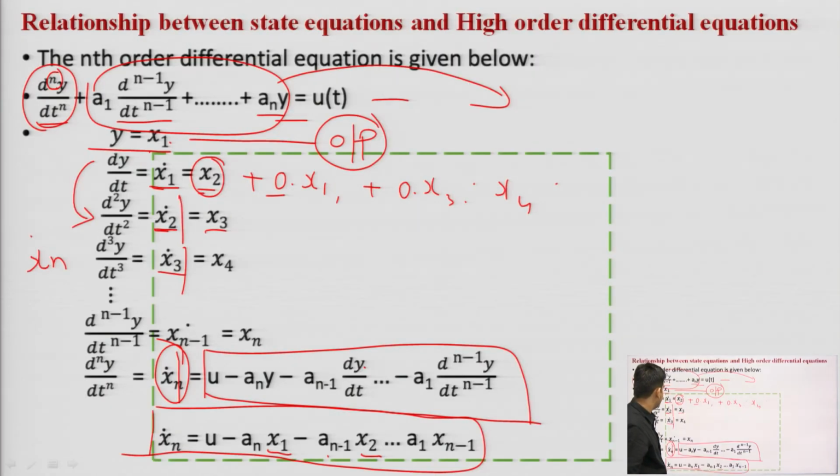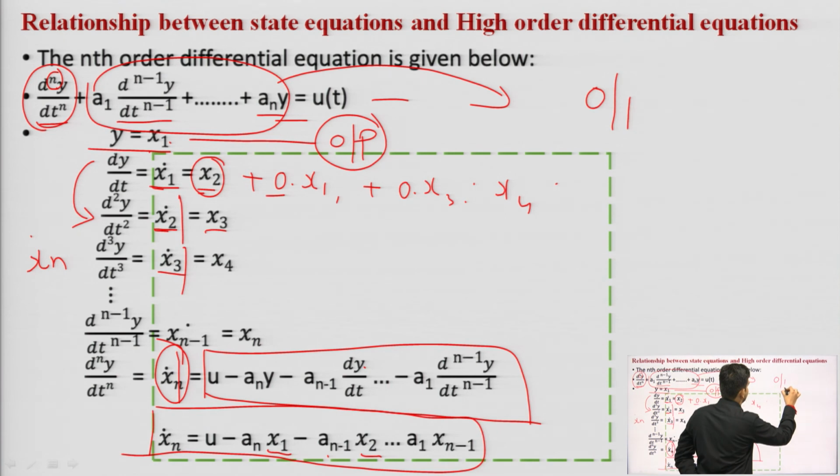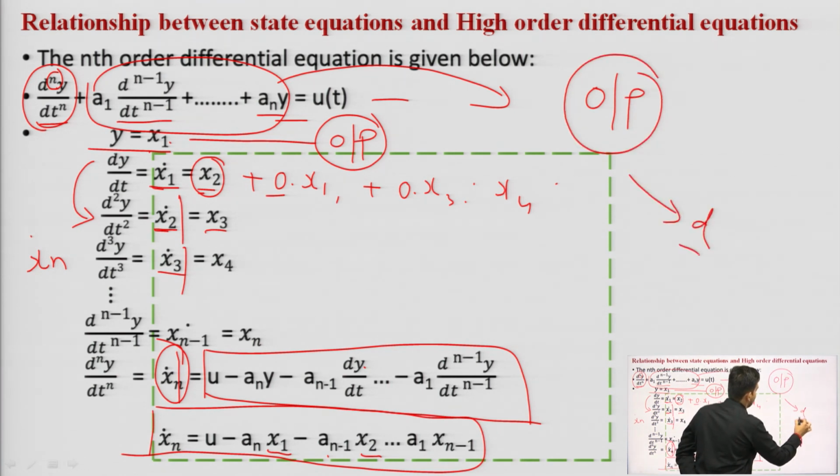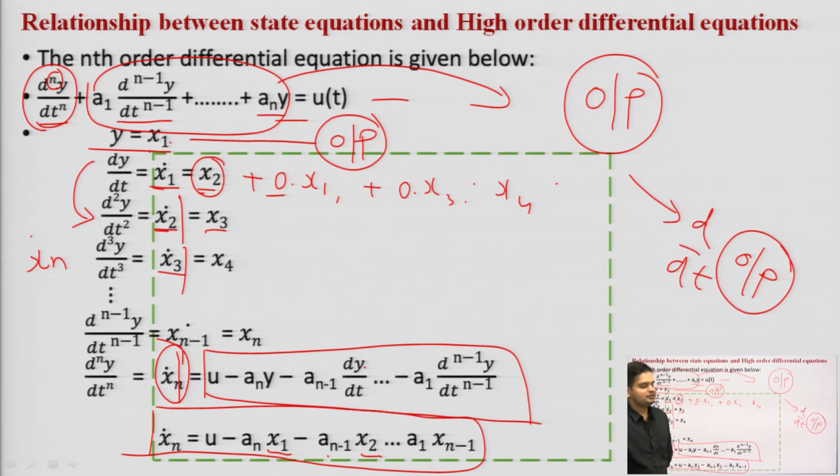So, what is happening in canonical form? We are representing one variable as the output and remaining variables as the derivatives of output. This is the representation of canonical form. Okay. It means this type of representation of a state space model is known as canonical form representation, right.